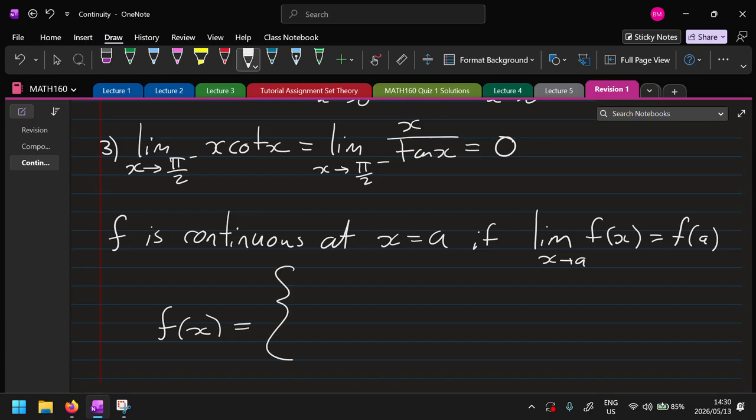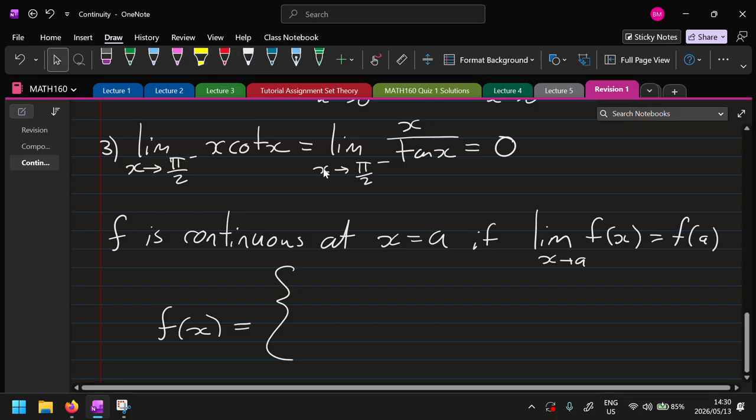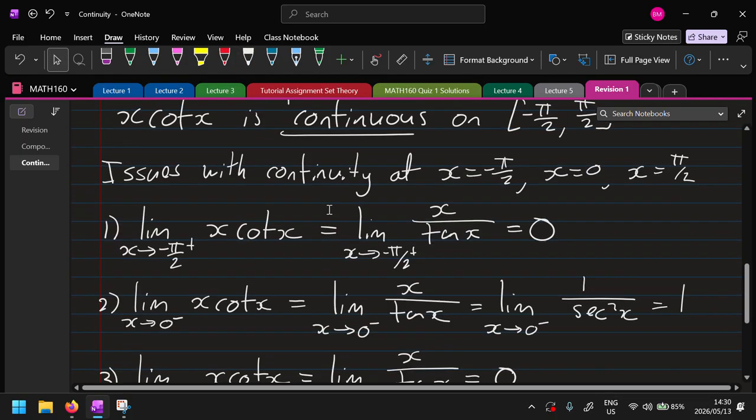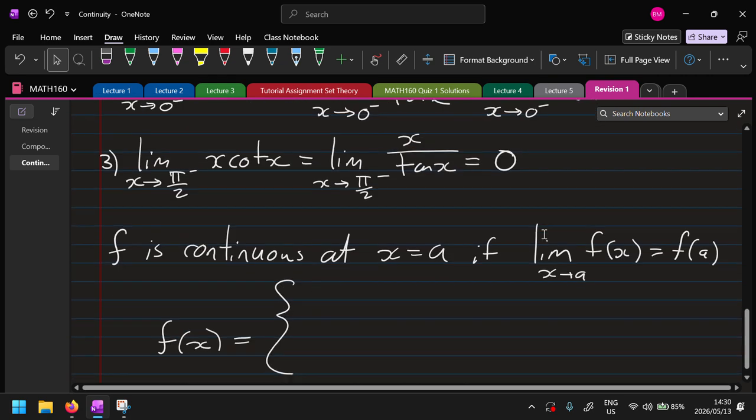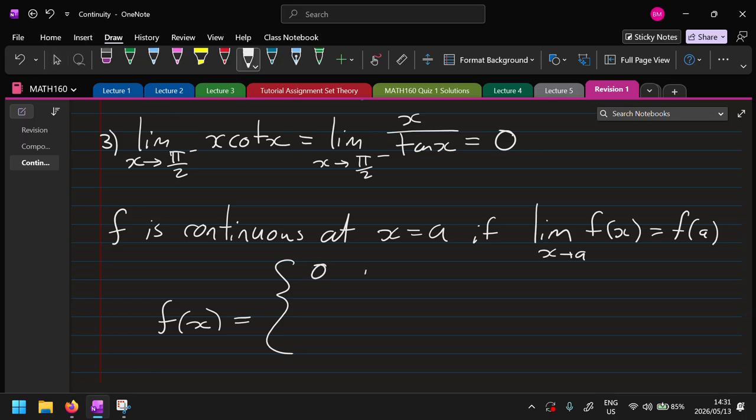So we're going to split it up into these 3 parts here, and the bits in between that we left out. So when x equals minus pi over 2, it should be 0. Then between minus pi over 2 and 0, there's no issues. It's continuous.